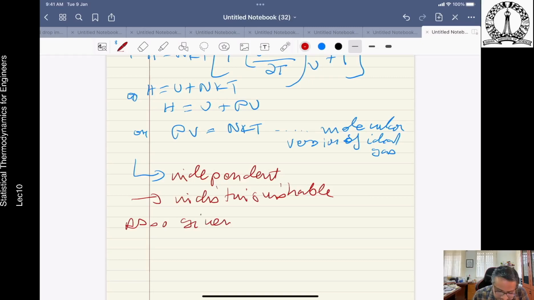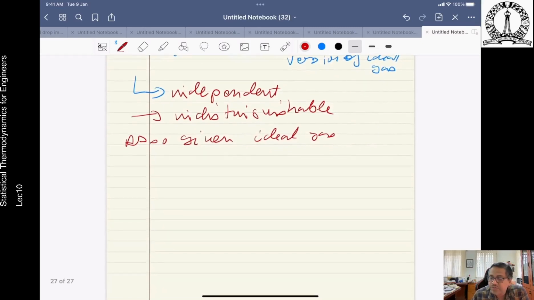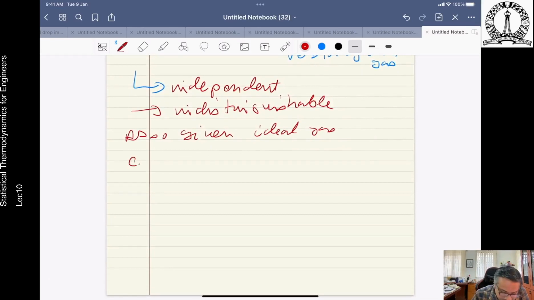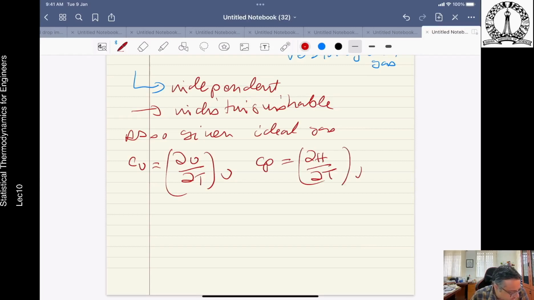Given ideal gas, if you consider it as an ideal gas, then of course what we can write is Cv is equal to du by dt at constant v, and Cp is equal to dH by dt at constant p.